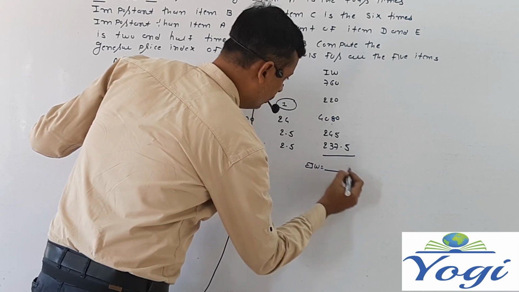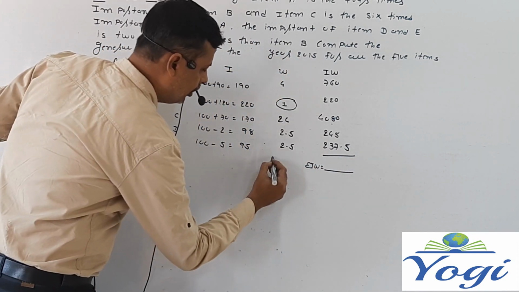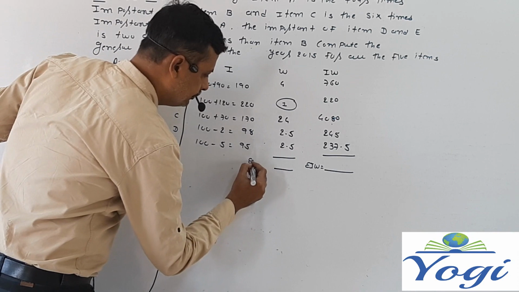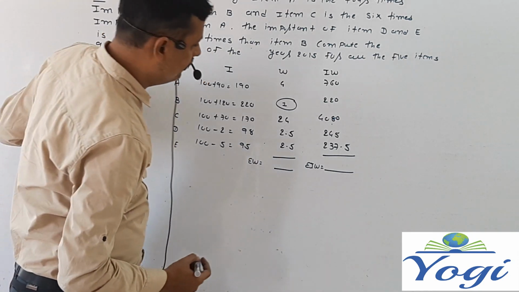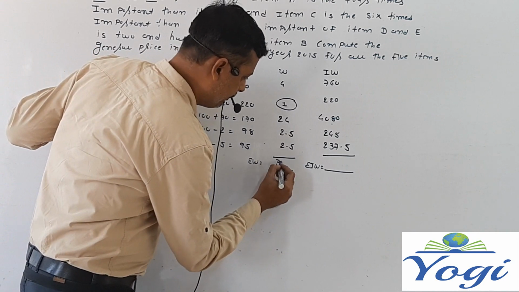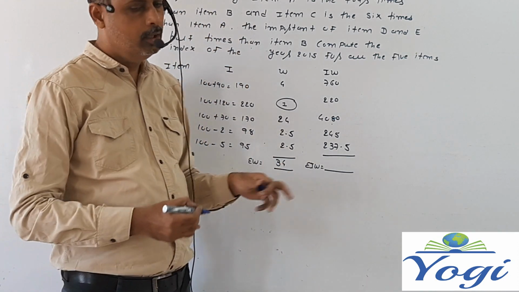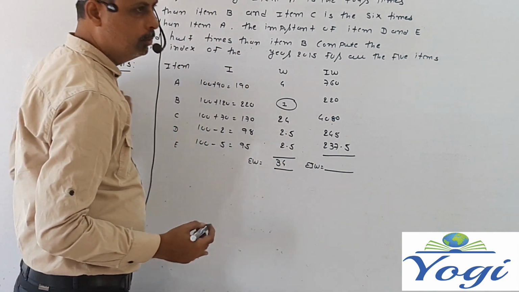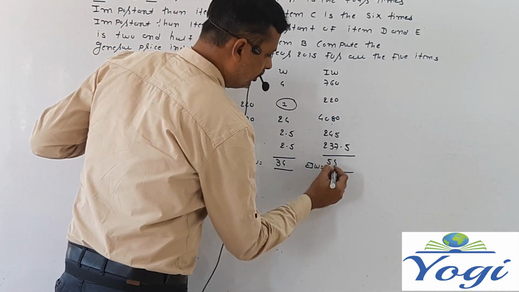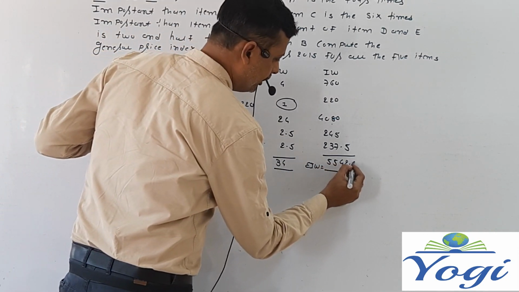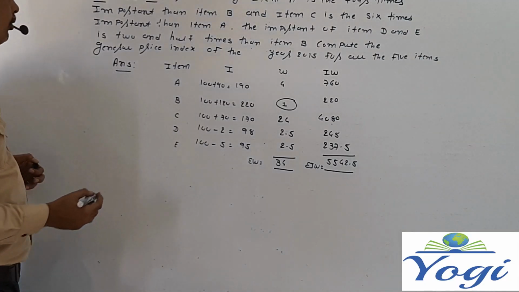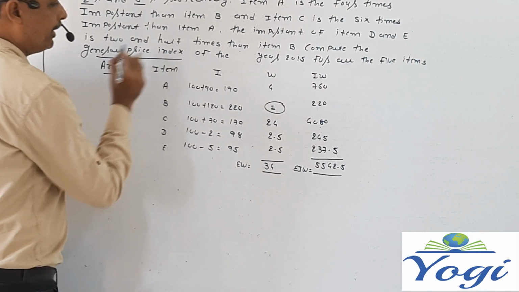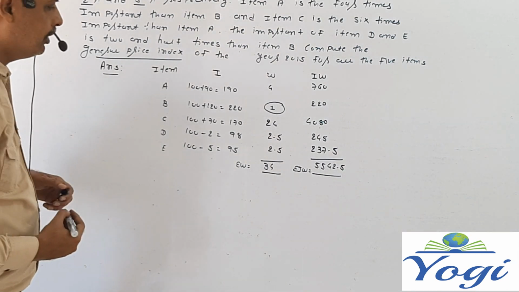Now making the total of W and IW, the total of W is 34 and sigma IW becomes 5542.5.